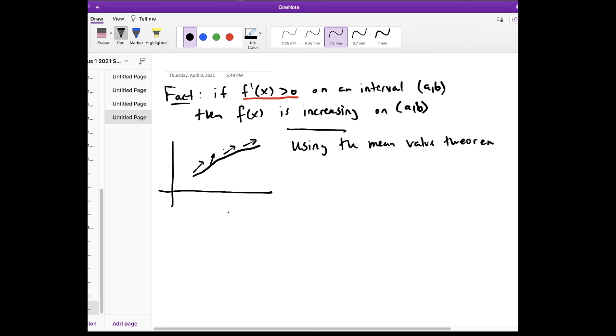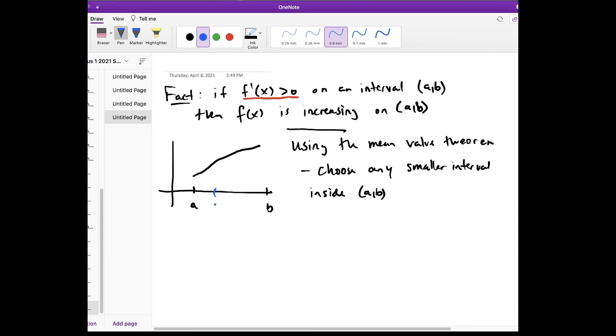Okay, so this is what we're going to do: we're going to choose any interval inside. Let's call it D and E. I'm not going to use C because we're going to use that later.